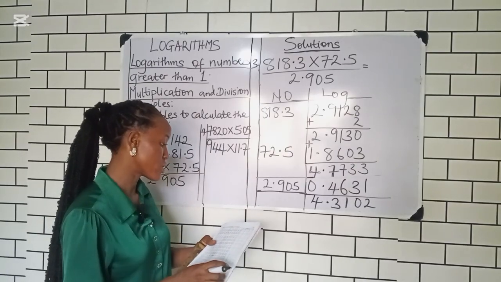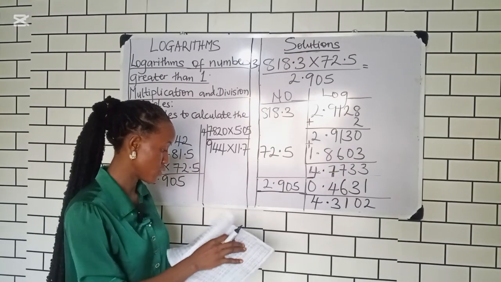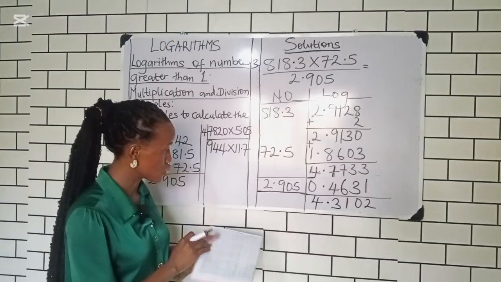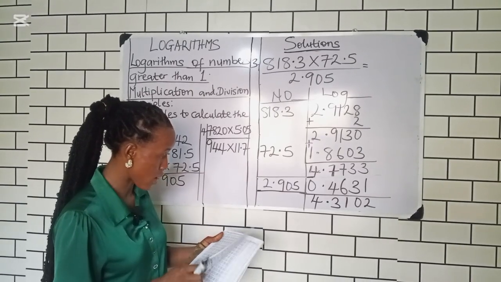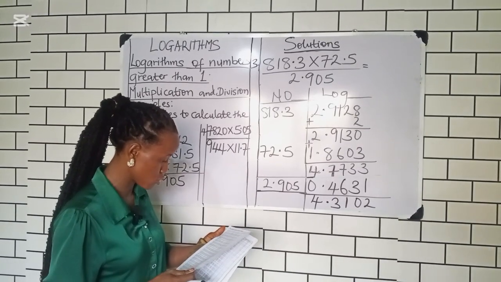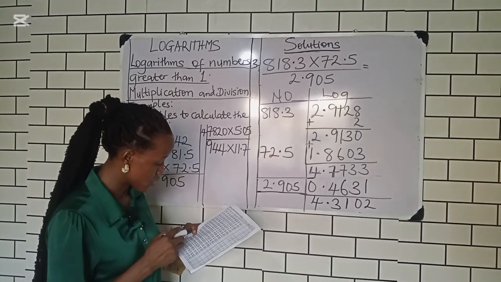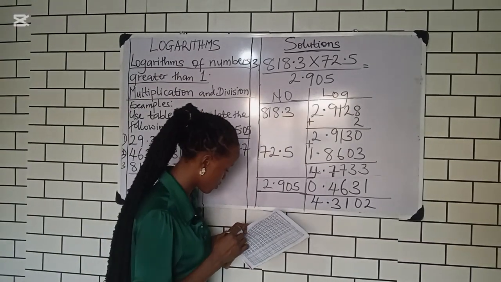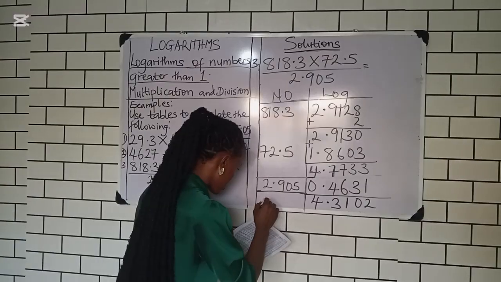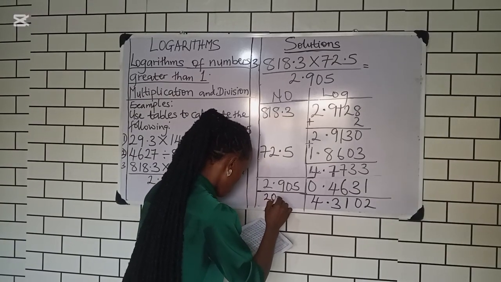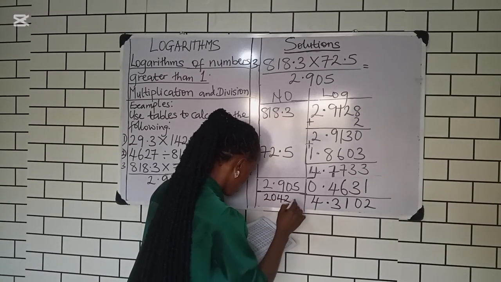Opening the anti-log page of the table, we're going to look for .31 under 0, difference of 2. 31 under 0 is 2042.